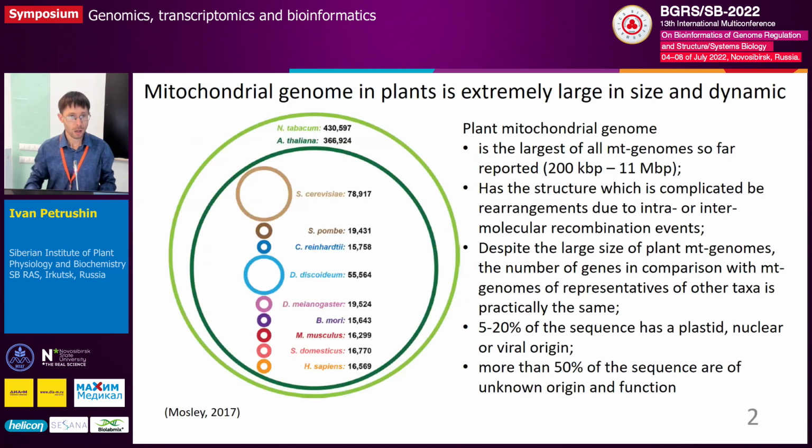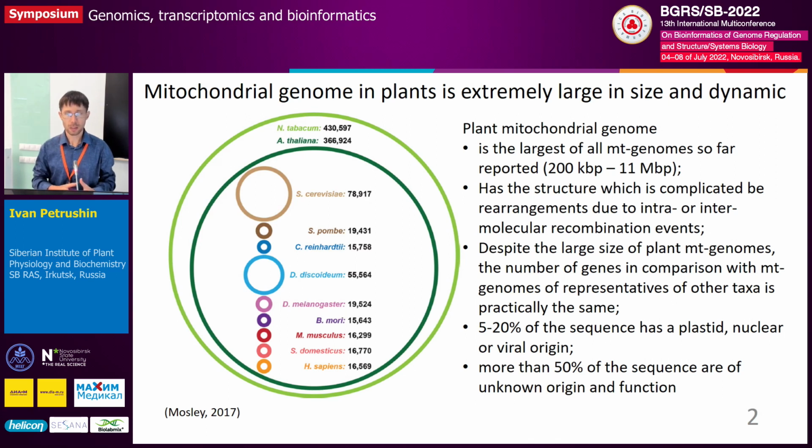Mitochondrial genome of plants is well known for its very large size and ability to acquire genomic content from the other organelles, such as plastids and nucleus. It has a structure with complicated rearrangements due to intra- and intermolecular recombination events.